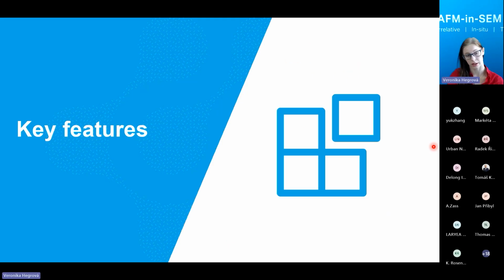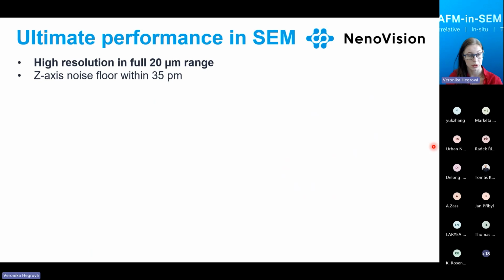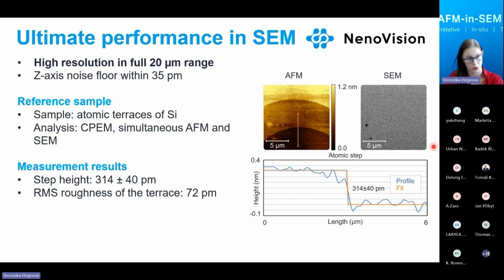Let's have a look at the key features regarding the measurements, what is possible. So we have high resolution in the full 20 micrometers range. Our z-axis noise floor is within 35 picometers.